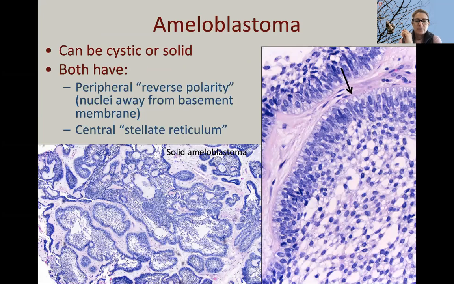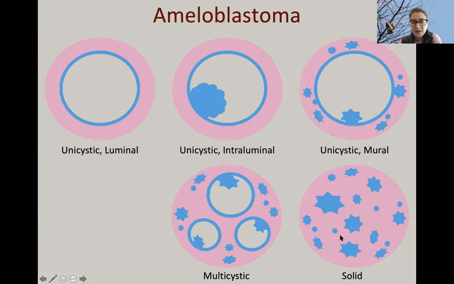So these nuclei are pushed up from the basement membrane, as well as this central, very loose myxoid spindle cell tissue called stellate reticulum. These two features in combination are essentially diagnostic of ameloblastoma. This is the more characteristic solid ameloblastoma, but as I showed you in the prior picture, it could also be extensively cystic. Now, why do I care about this splitting hairs?